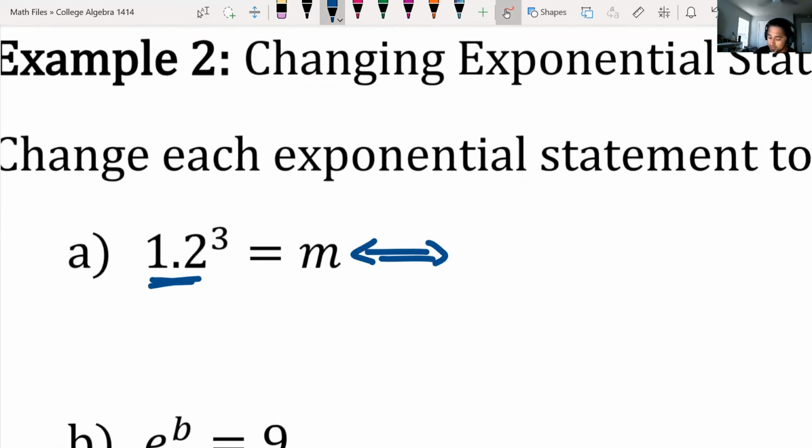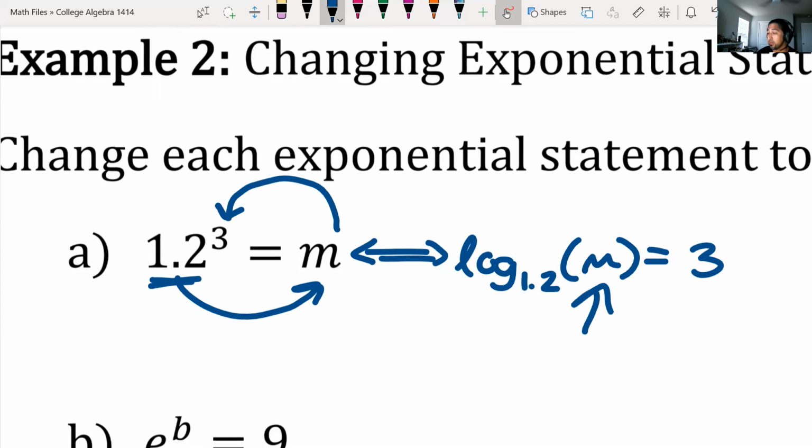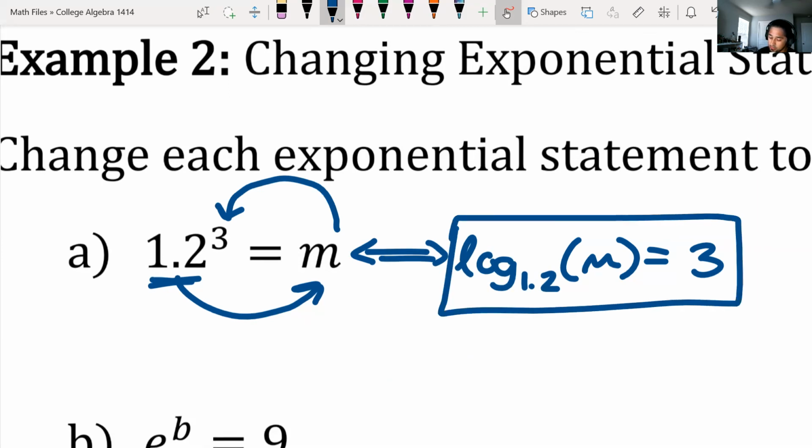So what we're going to say is log base 1.2 of the outside number of m, set equal to the exponent of 3. There you go. So the base of the exponential becomes the base of the log. That outside number goes inside the argument of the log, and then you set it equal to the exponent. So that's how you go from exponential to logarithm.